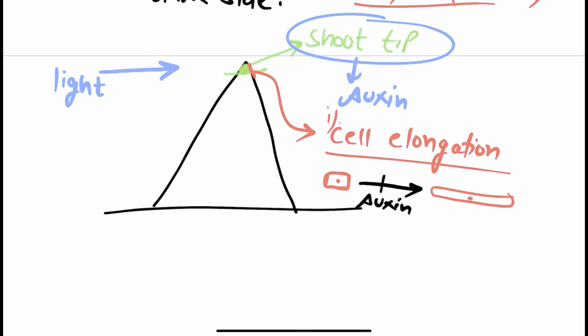And what will happen if the cell elongates towards the darker side? The stem will bend towards the light source, and this phenomenon of growth of the stem part towards the light source is known as phototropism.